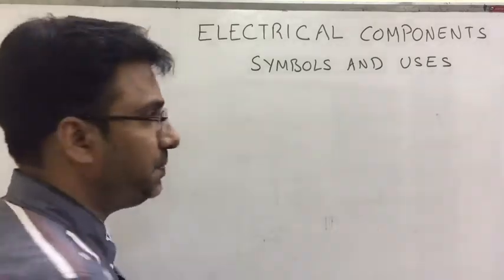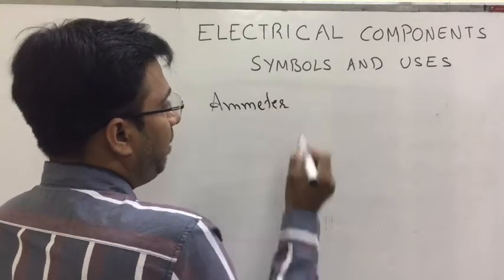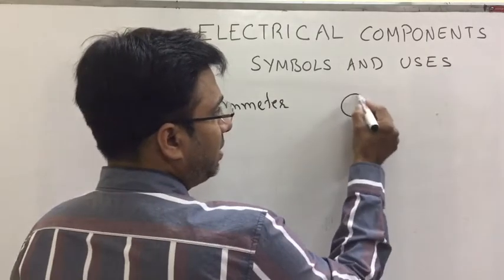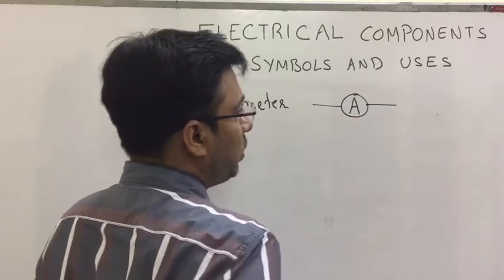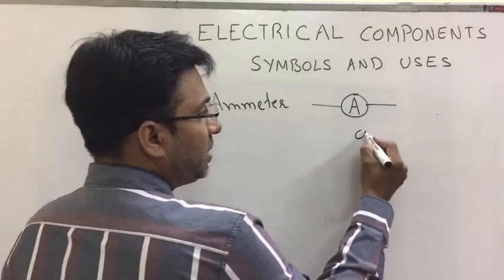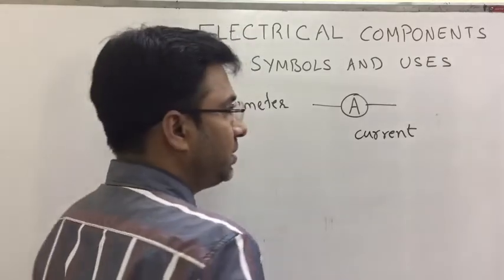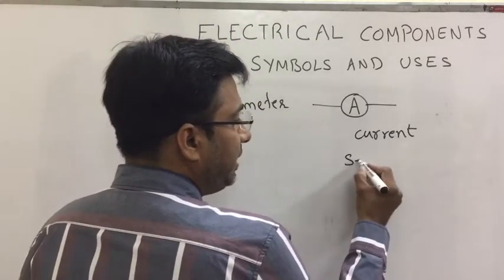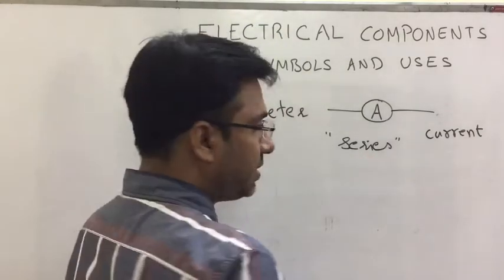Let us see ammeter. Ammeter is represented in this manner. Circle, inside the circle A and two lines. Ammeter is used to measure current. It is always connected in series in a circuit. Let us see how it is connected in series.